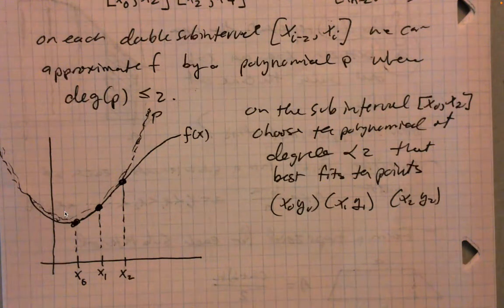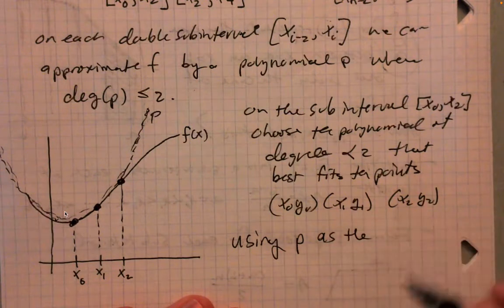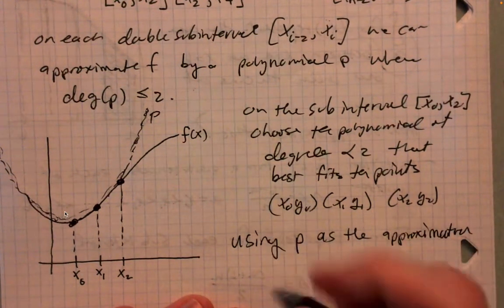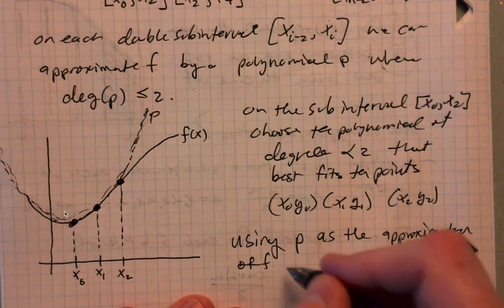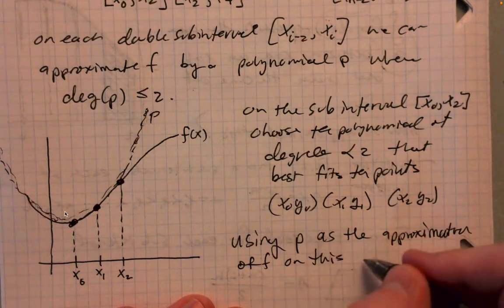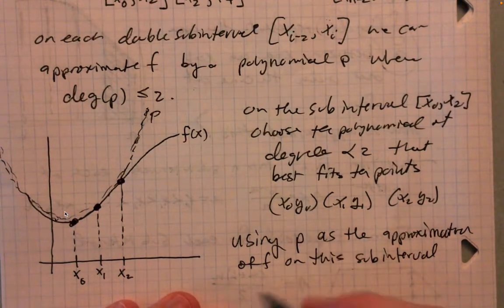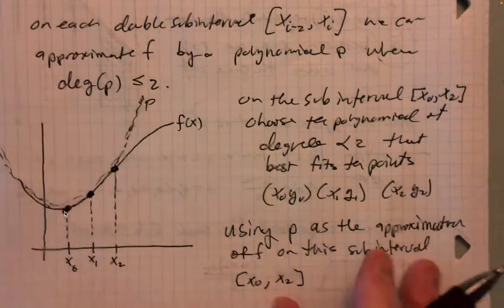Okay, so we're in good shape so far. So using P as the approximation of f on this subinterval from x0 up to x2, we're just concerned with this one subinterval.